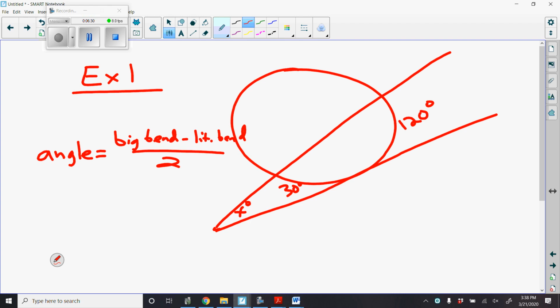Well, the angle here is marked as X, so I'm going to put in an X for the angle. My big bend is 120. My little bend is 30. And I have to divide those by 2. Now, since X is already alone, all I have to do is simplify the right side of the equation. 120 minus 30 is 90. 90 divided by 2 is 45. Easy.